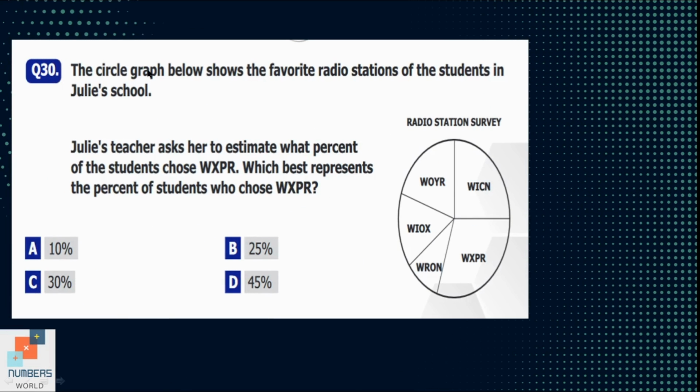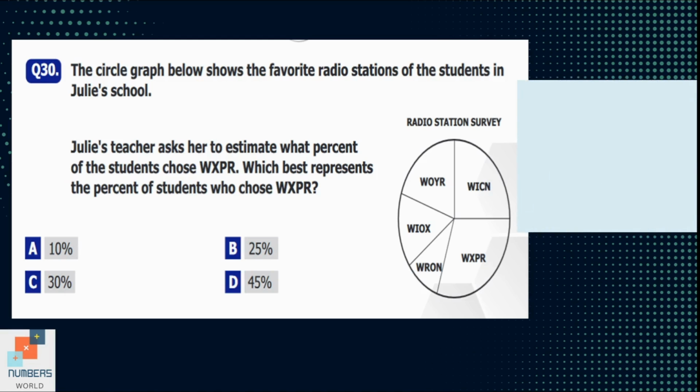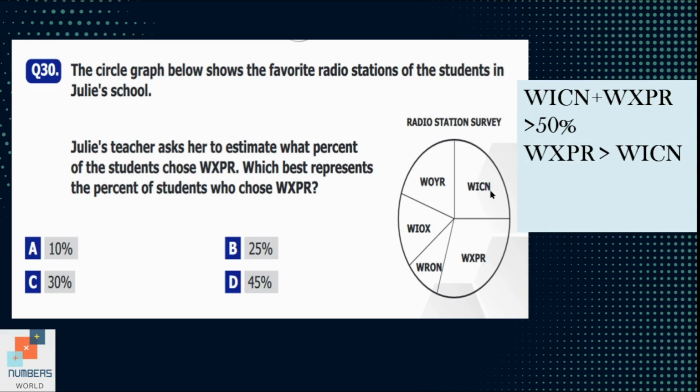Question number 30. The circle graph below shows the favorite radio stations of the students in Julie's school. Julie's teachers asked her to estimate what percent of the students choose WXPR, which best represents the percent of students who choose WXPR. So we can clearly see WICN and WXPR are greater than 50% of the whole circle, and WXPR is greater than WICN.